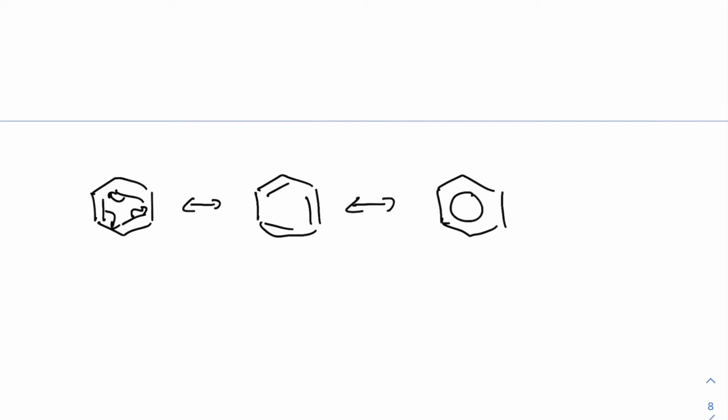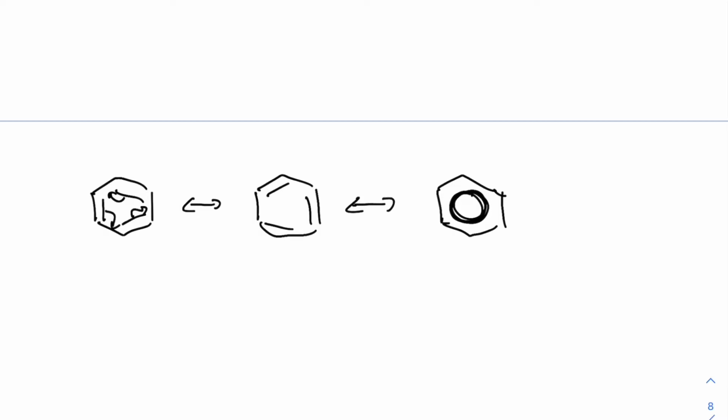These pi electrons, as you know, at least for resonance purposes, are loosely held electrons, and so they move around, almost like a circle, and that's why we draw resonance structures in this manner.